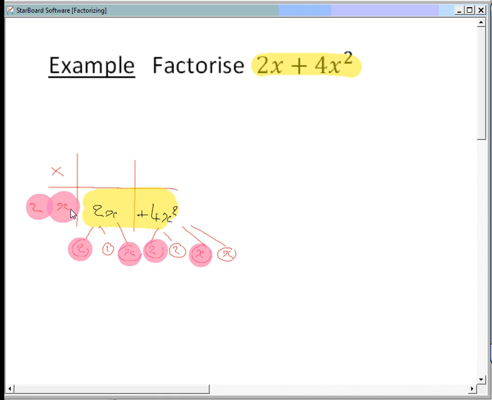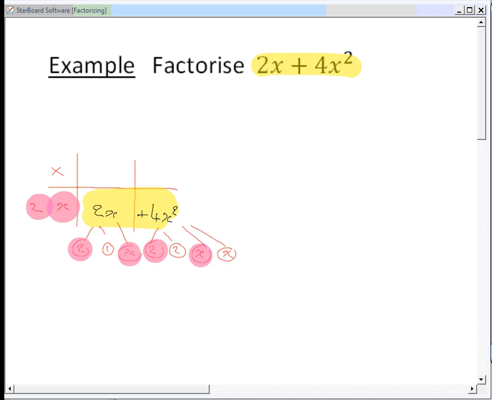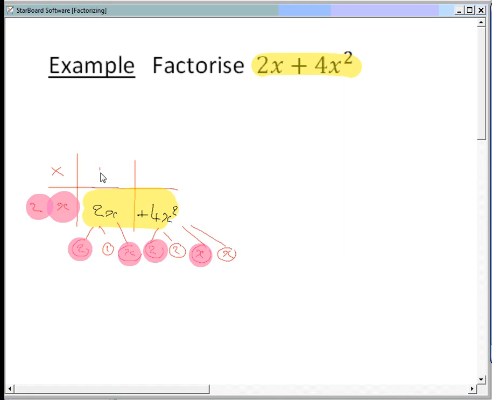We're helped here by our grid, because we know something's got to go in here. This is the most common mistake, but we've got a 1 left here, so we're going to have a 1 up here, and we've got a 2 here and an x here.